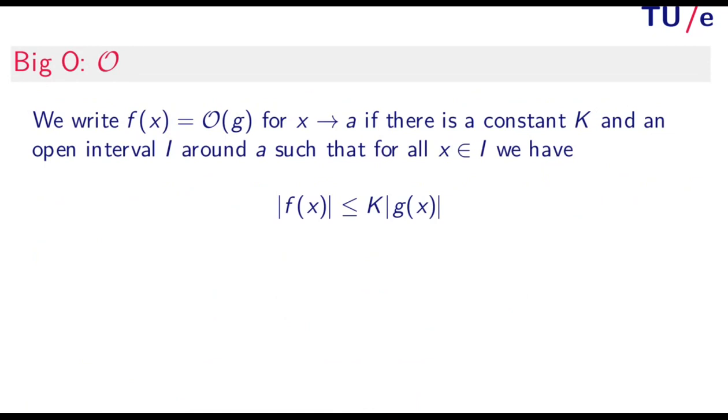And that is what we call of order big O of x to the power n plus 1. Namely, big O notation gives us a way to compute an upper bound for an error.